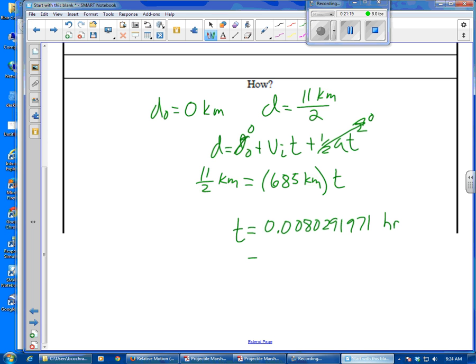I'm going to convert that to seconds. From hours to minutes is times 60. Minutes to seconds is times 60 again. And I get 28.9 seconds. Let's see if that works out. 28.9.